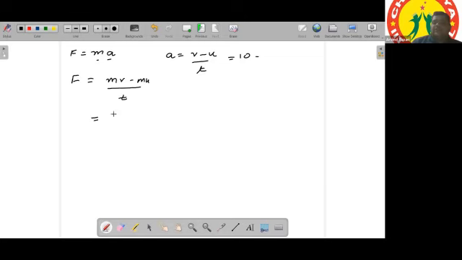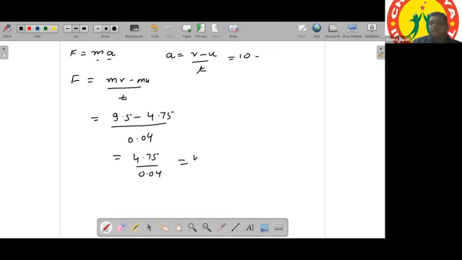Final momentum we have got 9.5, minus 4.75, divided by 0.04. So you get here 4.75 divided by 0.04.